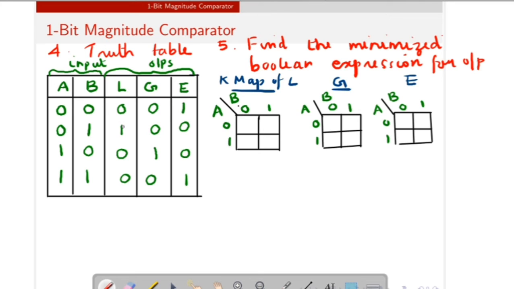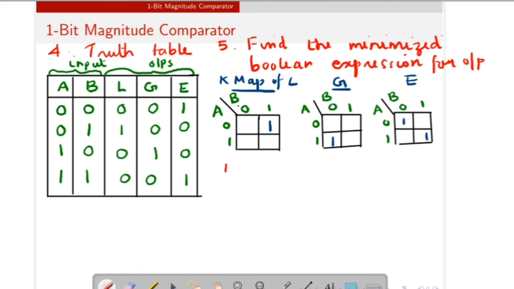In the case of L, the output is equal to 1 for the minterm 0, 1. In the case of G, the output is equal to 1 when the minterm is 1, 0. For E, the output is equal to 1 for 0, 0 and 1, 1. Here it is not possible to group the ones, so we can write the expressions directly.